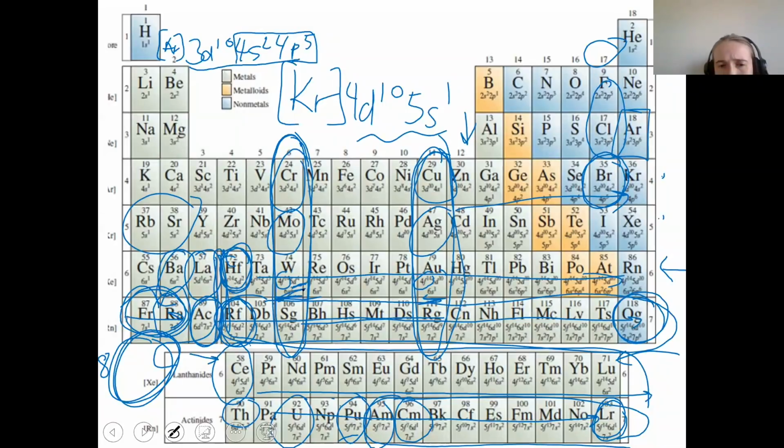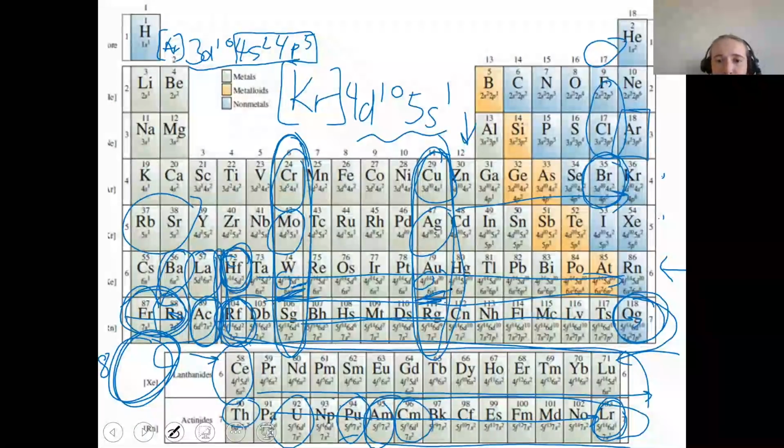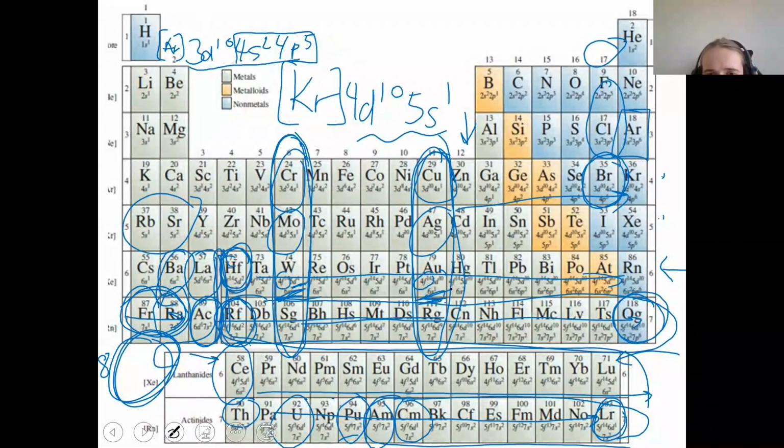So actually, I don't know if tungsten's an exception. Sorry about that. But gold, it looks like, is. So we have 4f14, 5d10, and 6s1. So the 6s1 is an exception.